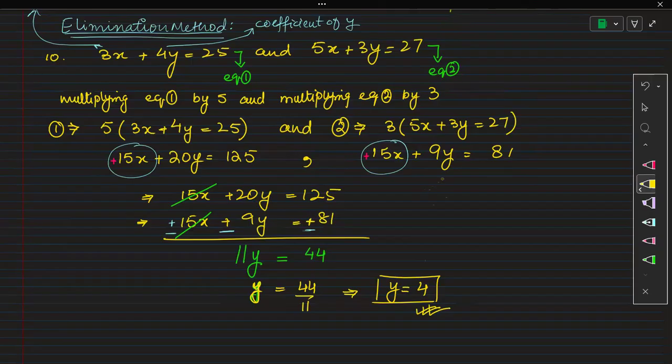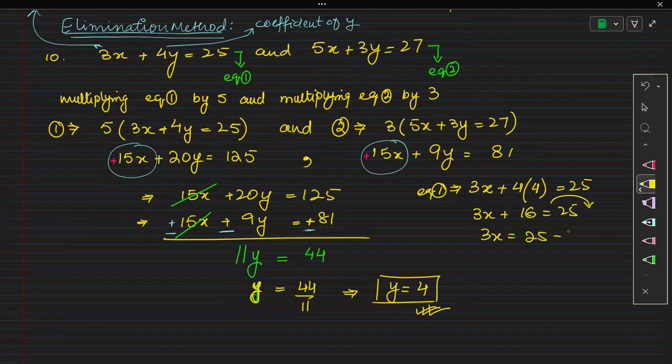I'm going to substitute in equation number 1. So 3x plus 4 times y, which is 4, equals 25. 4 times 4 is 16, so 3x plus 16 equals 25. 16 is going to be shifted: 3x equals 25 minus 16, which is 9. So 9 by 3, we get x equals 3.